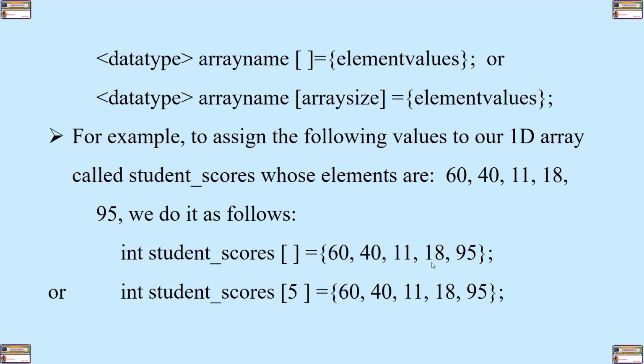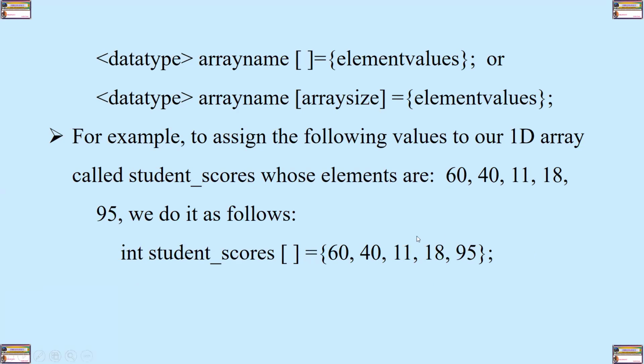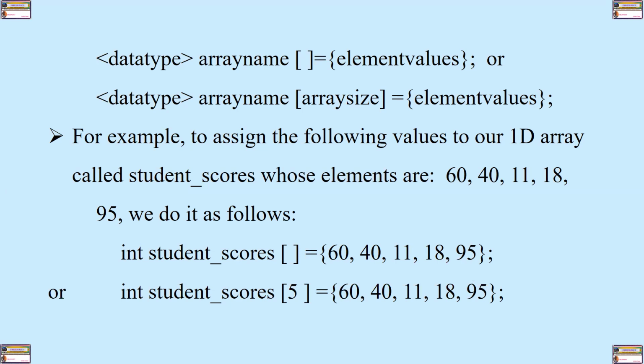The only difference is that for the first one, we have not told the compiler how many elements to put within the subscripts, but we have told it indirectly by assigning 5 elements. So when the compiler executes this statement, it will know that this array has 5 elements. But for the second one, we are telling the compiler the size of our array.